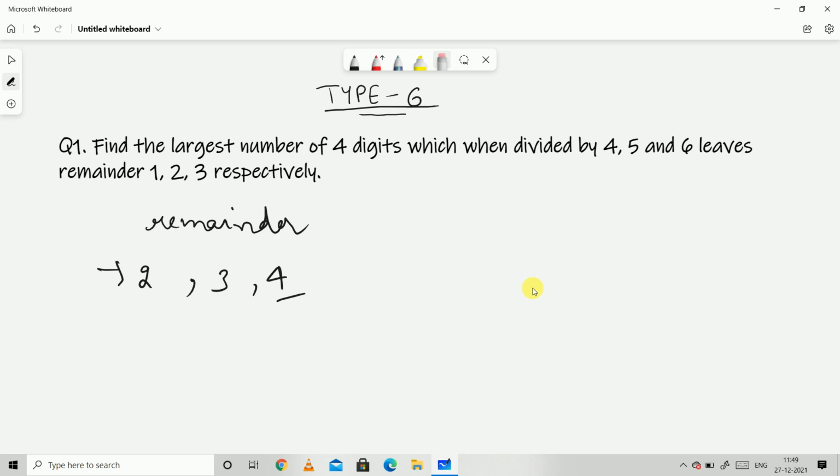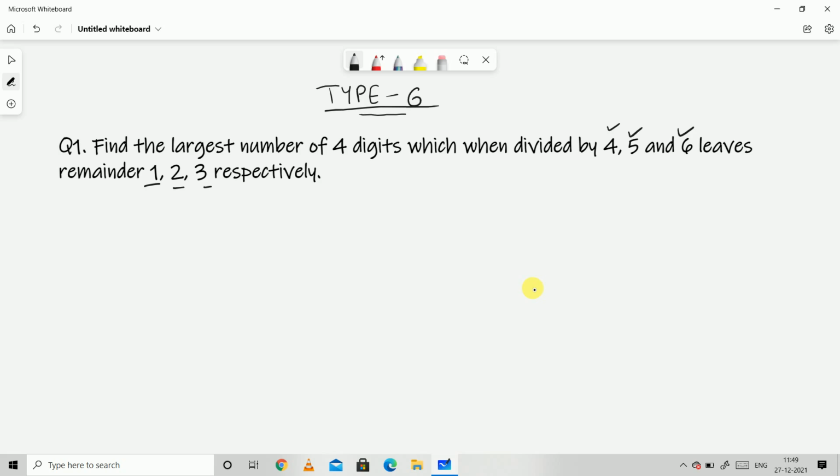Here in this question, this time it is leaving different remainders in the different cases. There are 3 different cases. We are dividing it by 4, 5 and 6, and in each case it is leaving a different remainder: 1, 2 and 3. In such cases the entire process will be the same as we did in the previous questions.